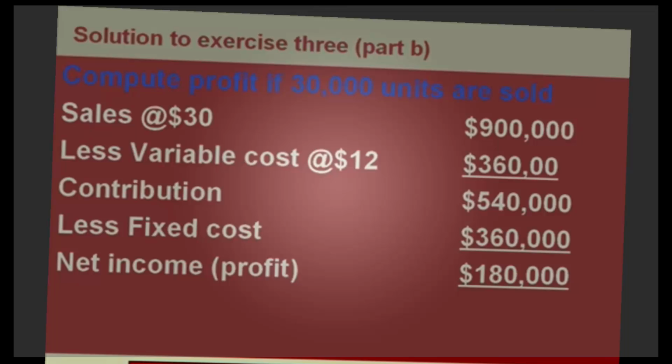At 30,000 units, sales is 900, variable cost is 360, so the contribution is 540. If you knock off the fixed cost, your profit is 180,000. Let's have a look at the next part.